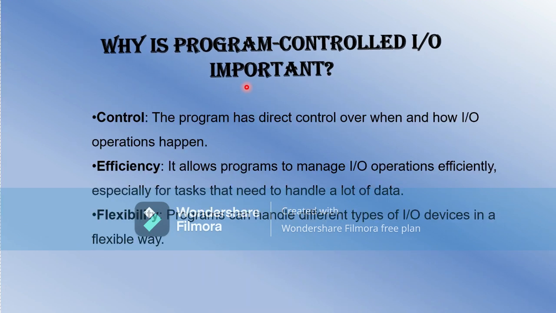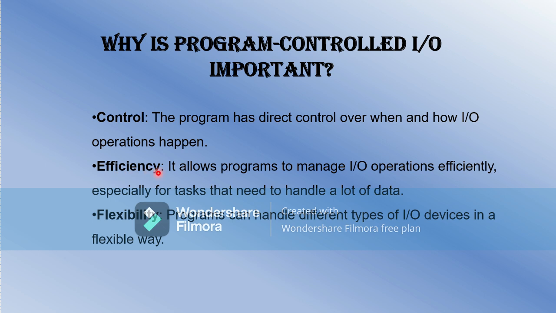Why is program control input and output important? There are three main reasons: control, efficiency and flexibility. The first one is control. The program has direct control over when and how the input and output operations happen. This means that the program can decide exactly when to read data from a keyboard or write data to a disk.